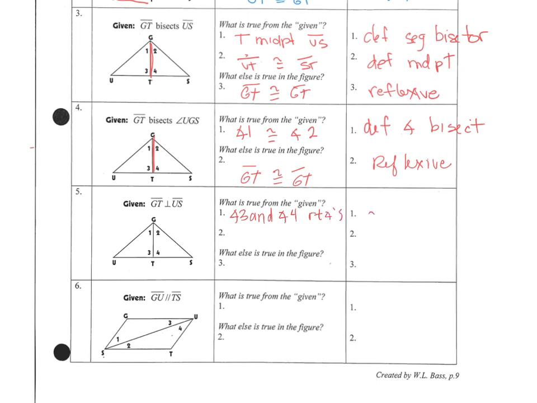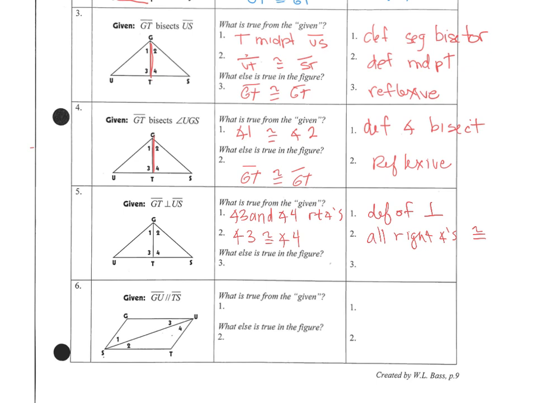And that is the definition of perpendicular. We can go one step further with that given information and say that angle 3 is congruent to angle 4. And that is because we know that all right angles are congruent.